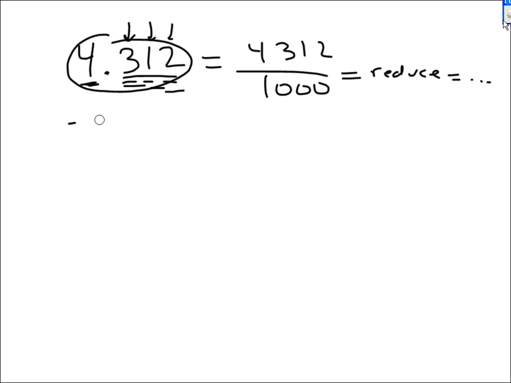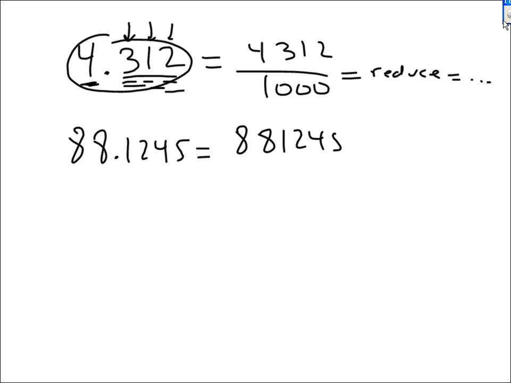So now, let us try another one. Suppose you have 88.1245. Just write down the number without a decimal for the numerator. In the bottom, put a 1, and if there's 4 digits to the right of the decimal, you put 4 zeros.